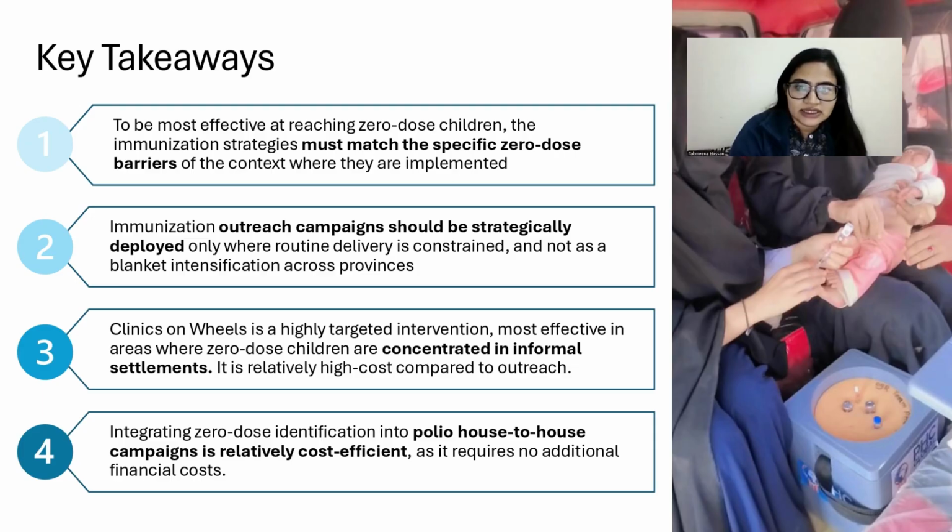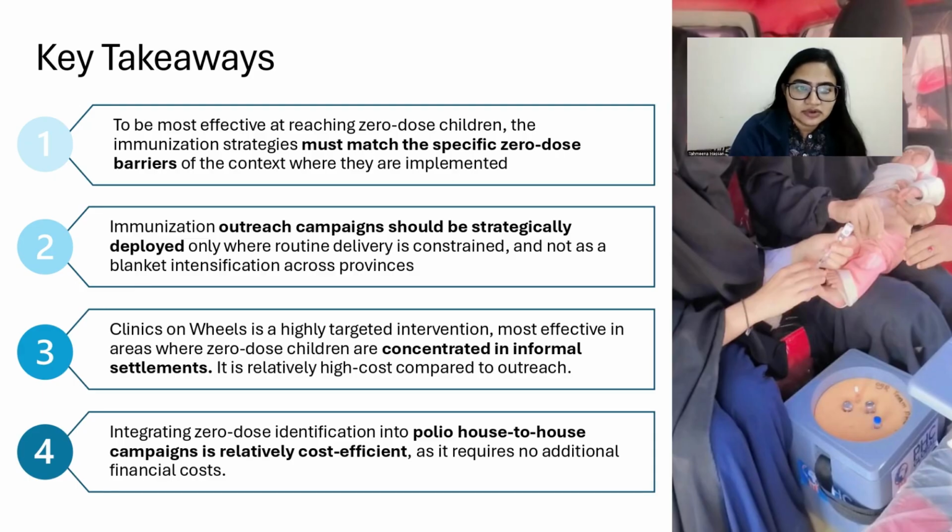So these are some of the key takeaways and recommendations. The context, the setting and the time of implementation of any intervention is very important. To be more effective at reaching zero dose children, any immunization strategy must match with the zero dose barrier, as well as the outreach.